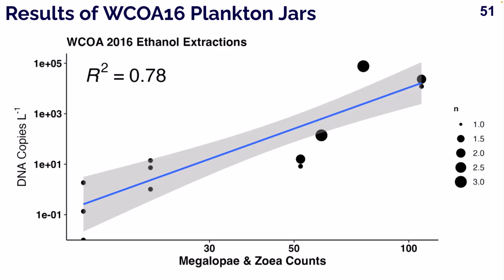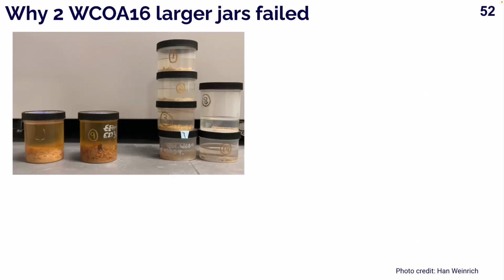For these samples, however, we did also have to exclude two jars, because they just simply failed. And to go into a little bit about why these failed, you can see here to the right, those are the samples that worked, and to the left, those are the ones that didn't work.